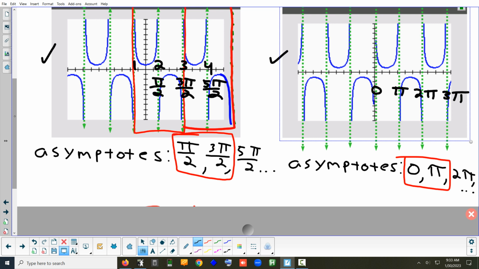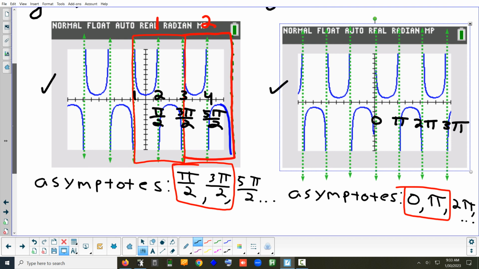Okay, somebody remind me again, what's the formula for cosecant if you wanted to type it in on the calculator? Yep. 1 over sine. And what was the period of sine? It's one of the first questions I asked today. Yep. 2 pi or 360.